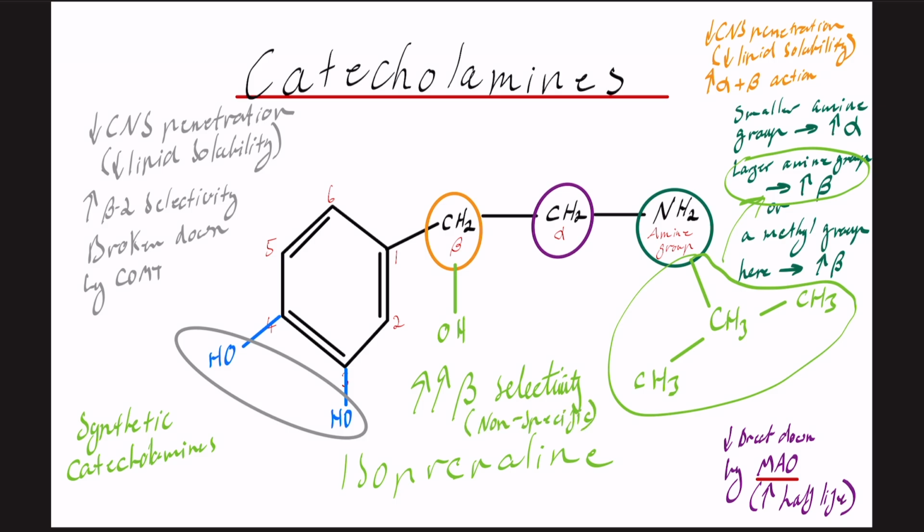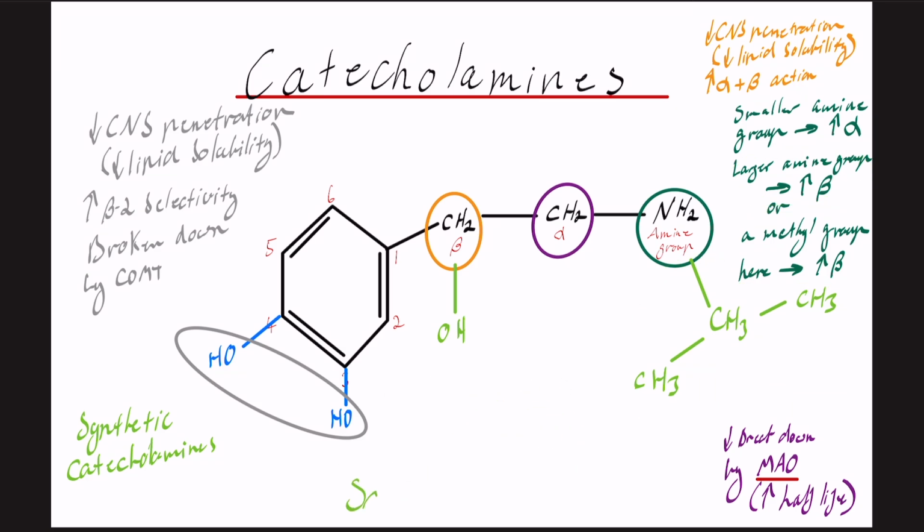And because of the large ethylamine tail, MAO doesn't break down this catecholamine at all, but it has the hydroxyl groups added back on to positions 3 and 4 of the catechol ring, which means that it's broken down by COMT. And this reduces the half-life of the medication, meaning its half-life is a few minutes.